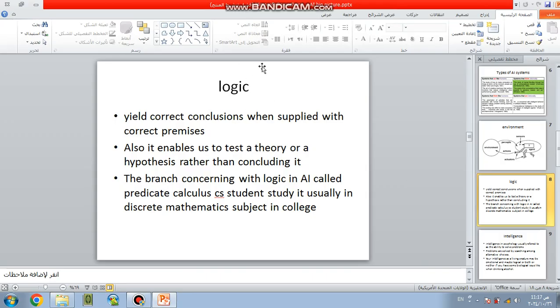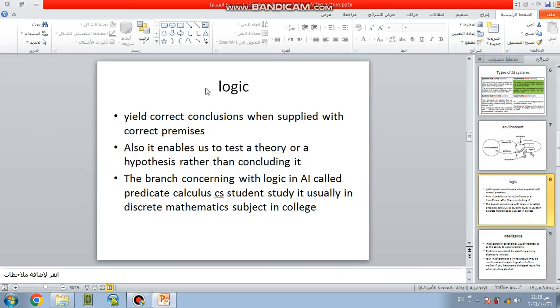So logic has rules. I'm going to tell you an example. Okay, when I tell you that the clouds are very huge today, what do you conclude? What's the conclusion? You conclude that it's going to rain.